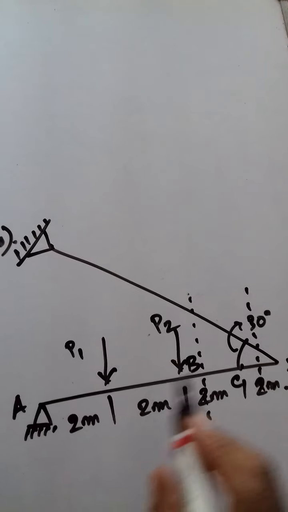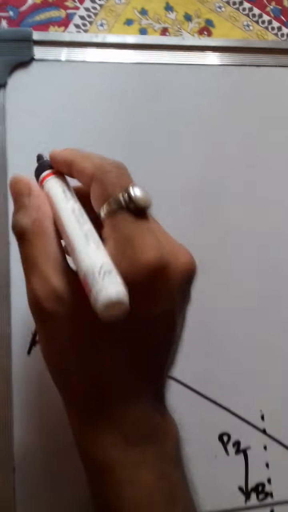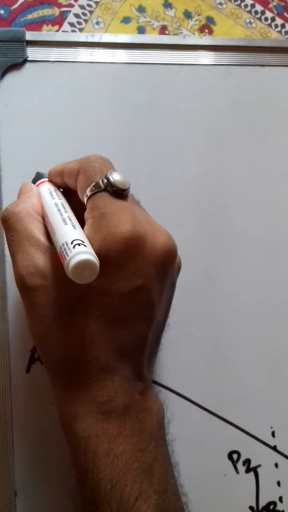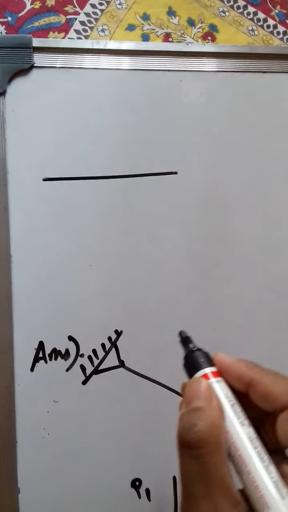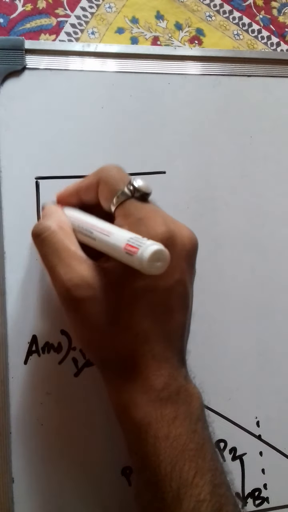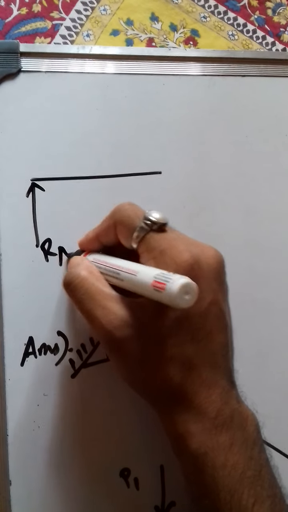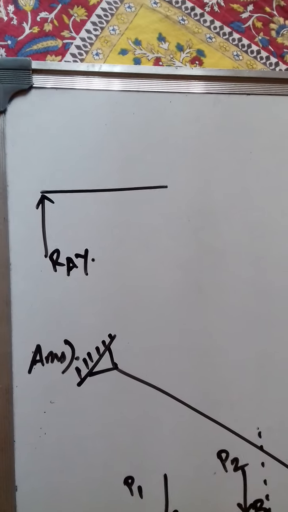First of all, in the first case let us make a cut just after the point B. Okay, so what you will get, see, at point A there is a hinge support, so this is RA along y direction. Clear?